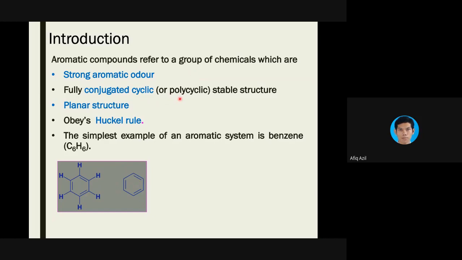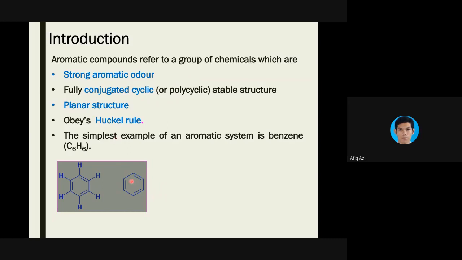Or it can even be polycyclic, meaning more than one cyclic structure. It can have 2 or 3 benzene rings attached, which will be learned in another topic. And the structure is planar.